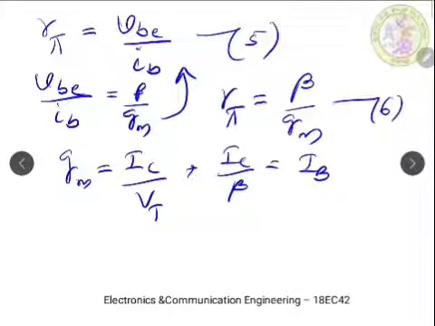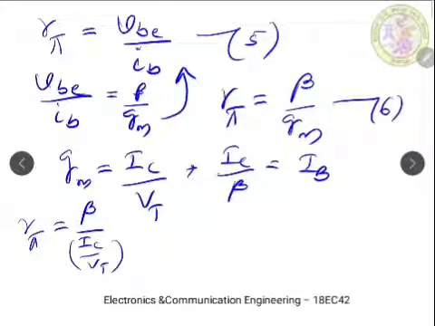By substituting all this, it is possible to write r pi equal to beta by gm, where for gm we make the substitution IC by VT.